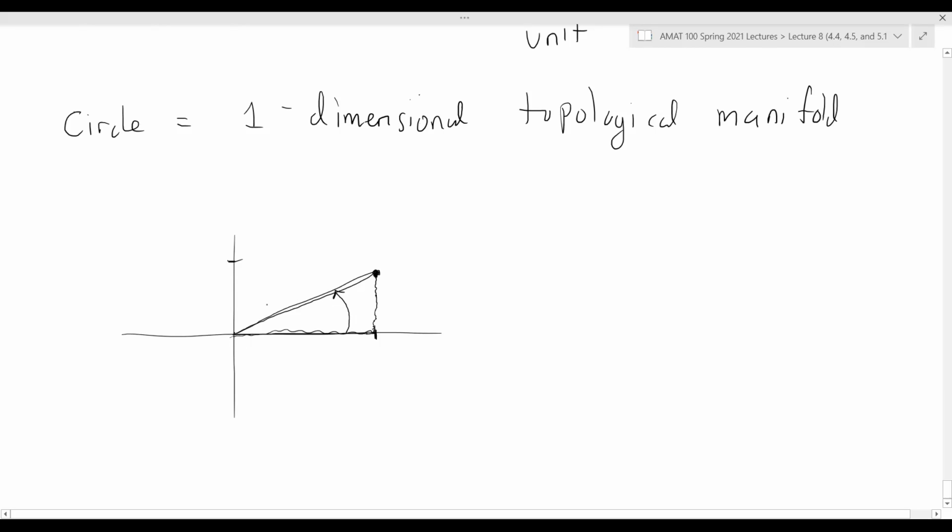But the point is that to specify this position in the plane, you need 2 numbers generally. You need x and y coordinates to tell you how far to go along the x and y axis, or polar coordinates, which you'll discuss more in calculus, which tell you how far you are from the origin and the angle you make with the x-axis.